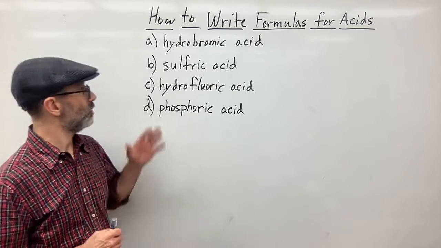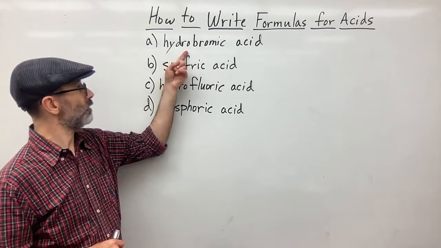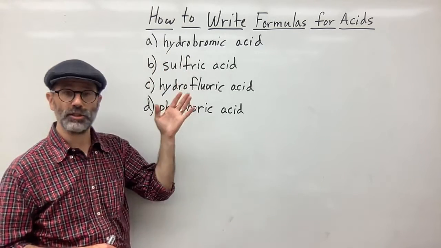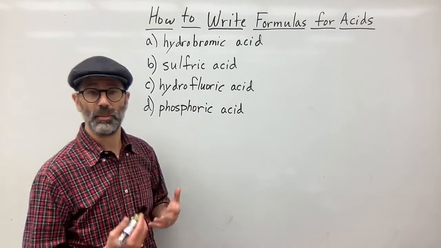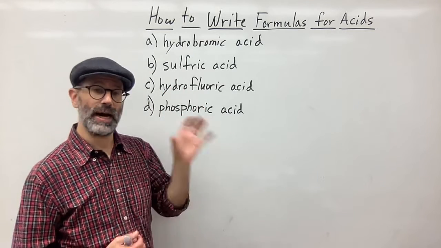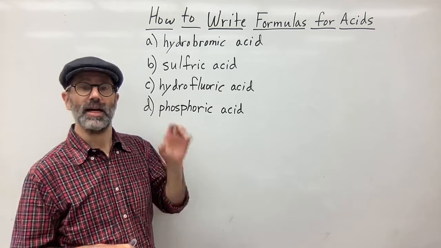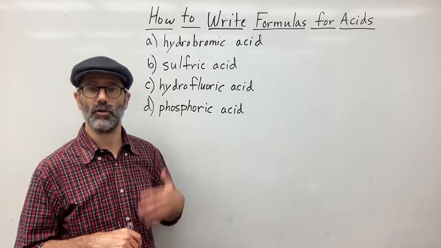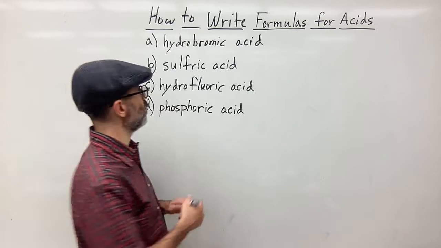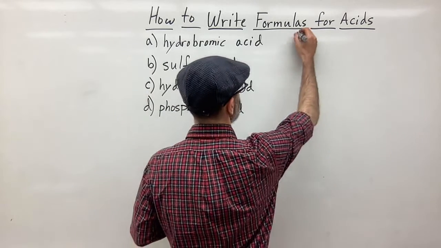So the hydro is referring to hydrogen, which is going to be one of the two elements in the binary acid. Hydro means a binary acid, which means that you have two elements. One of them has to be hydrogen in order for it to be an acid. So hydro refers to hydrogen.